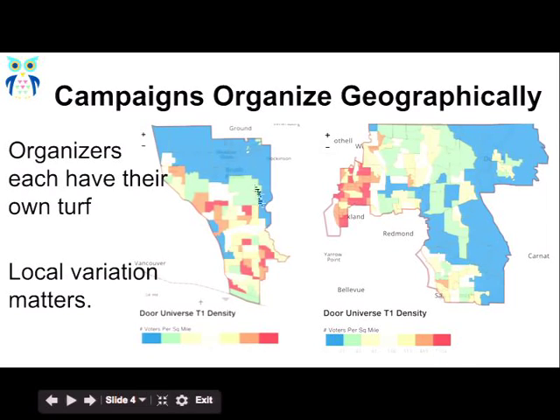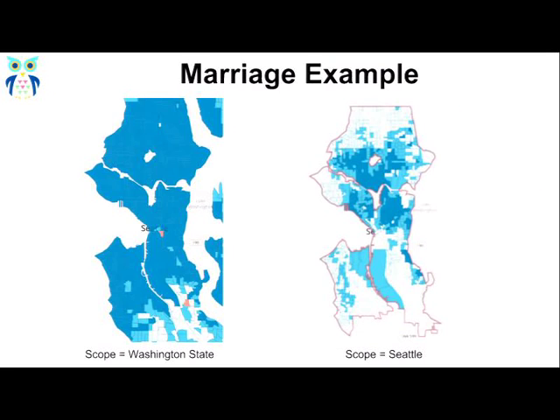And this organizer is in charge of this area in Southwest Washington, which is actually the suburbs of Portland, Oregon, where a dense precinct is 1 to 200 people. So you really want to know about the local variation when you're working in an area.